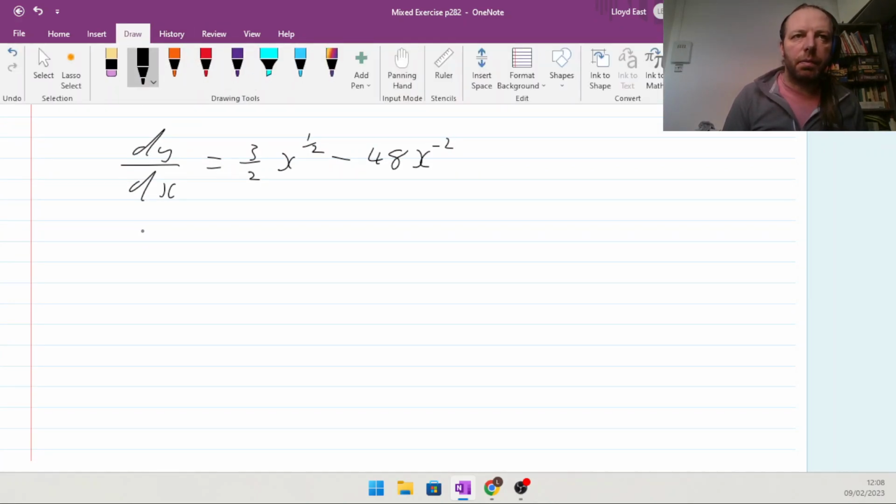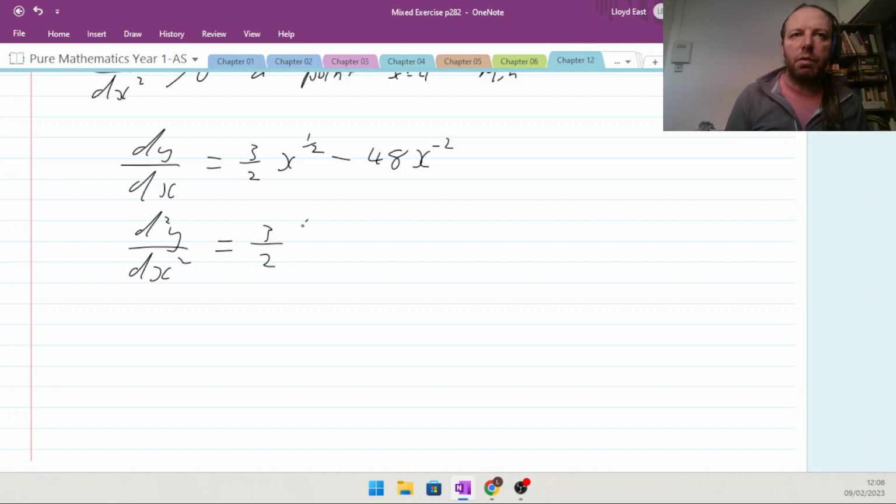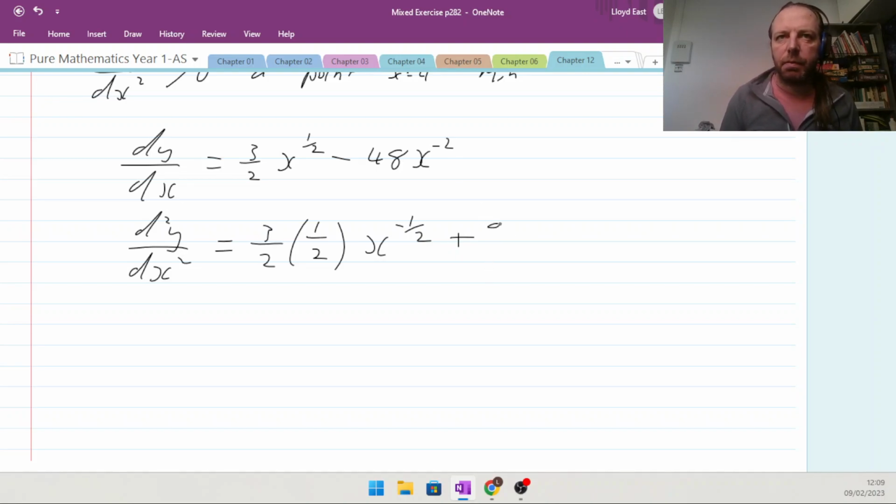So d2y by dx squared is equal to 3 over 2 times 1 over 2 x to the power of minus a half, minus times minus 2 plus 96x to the minus 3.